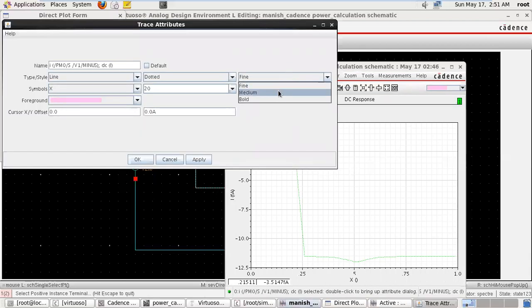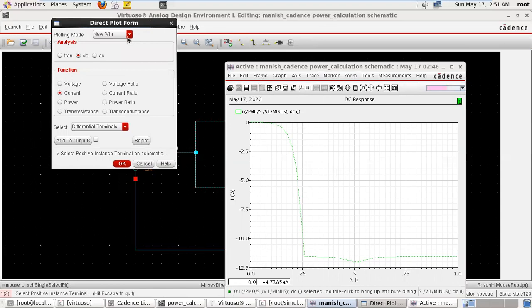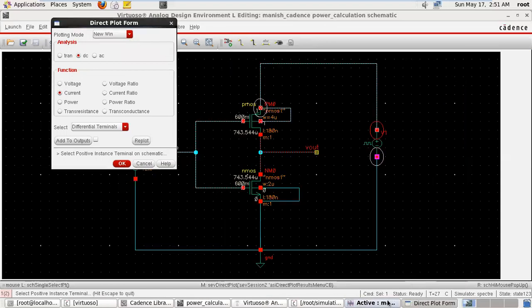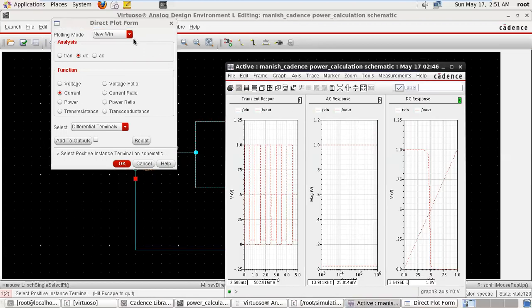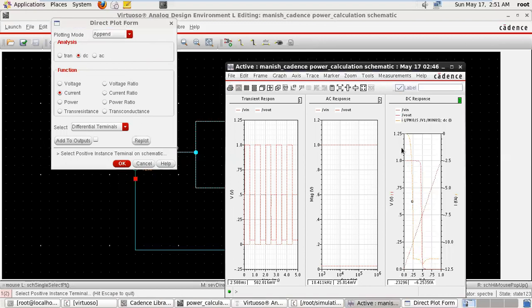of the current. Okay, so now it is also important what is new window. Now the curve is opened in the new window. This is an active window. If we select the append window and replot, this will appear in the existing DC window.